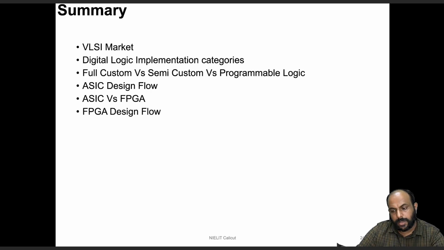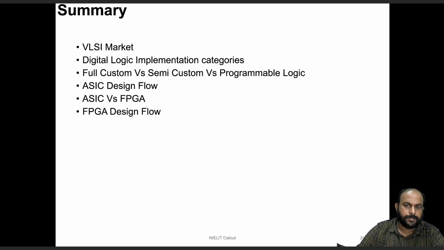So in this session, what we have discussed is basically the need for learning VLSI, how big the VLSI market is and how big it is going to be. We have seen the different digital logic implementation categories, like full custom, semi-custom, programmable logic, and the subcategories, how they are different from each other, and which one has more advantage than the other in a given situation.